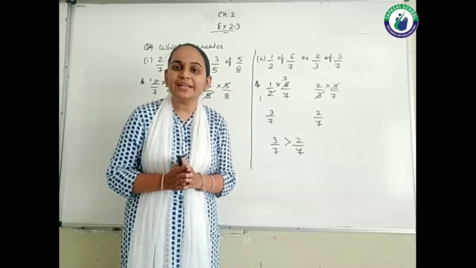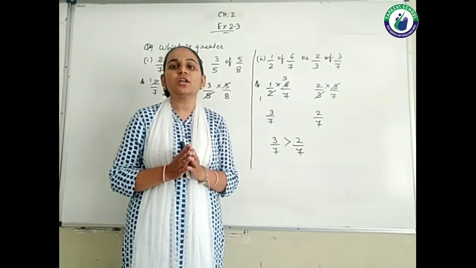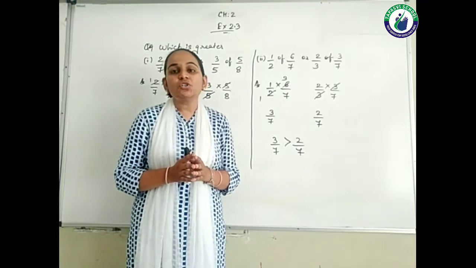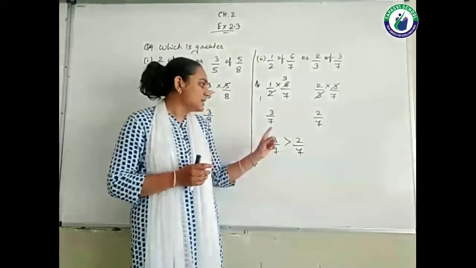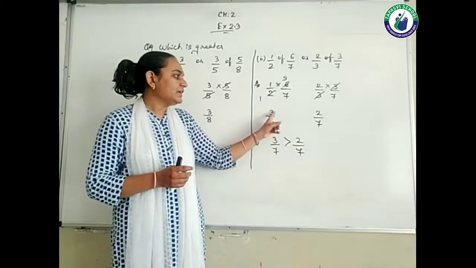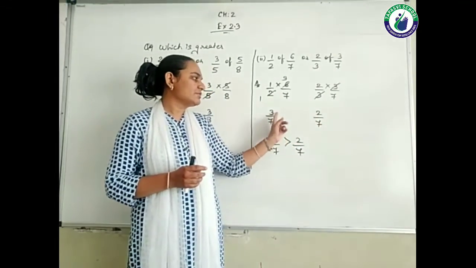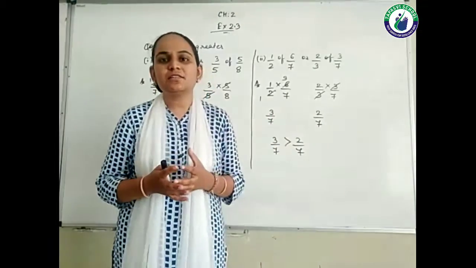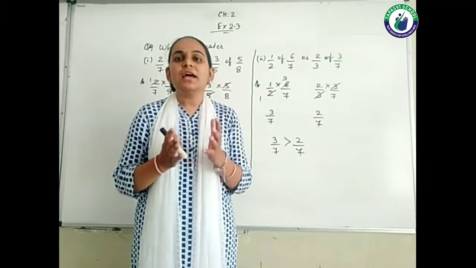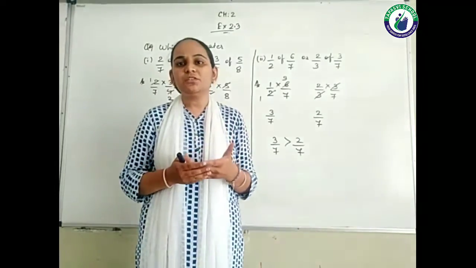If your denominators are the same, then you have to look at your numerators, और जो numerator सबसे बड़ा होगा that fraction will be greater. So 3 by 7 and 2 by 7: this one will be greater because it has 3. Or you can understand it like this also: you have 7 pieces and out of the 7 pieces you are eating only 3 pieces.